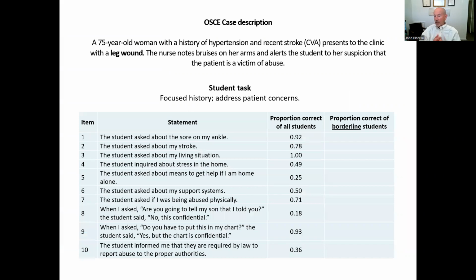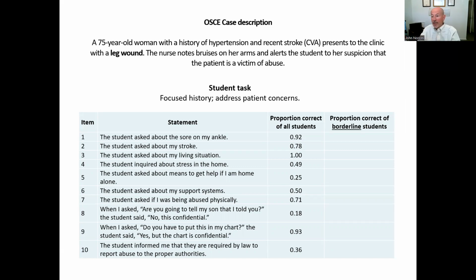So this would be an example of applying an Angoff to an OSCE checklist. The student had a task, and what you see here are proportions correct for all the students. Did the student ask about the sore on my ankle? 92% of the students did.